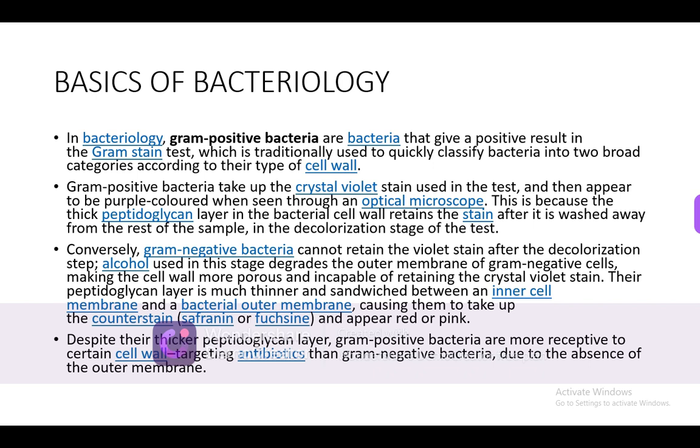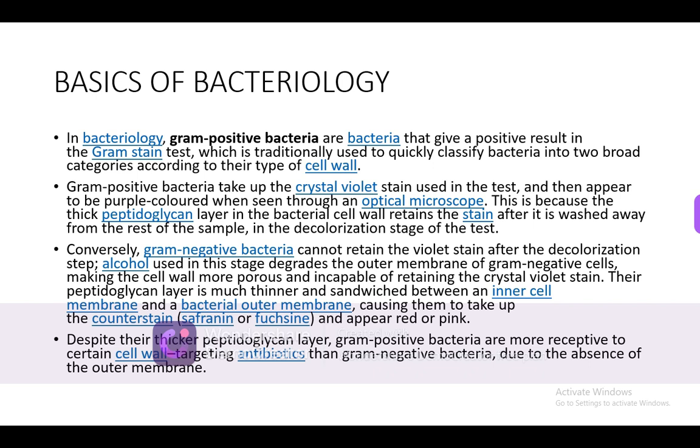If you see under the microscope bacilli or cocci in purple color, they are gram positive. Conversely, the gram negative bacteria cannot retain the violet stain; although they catch it, they cannot retain it.